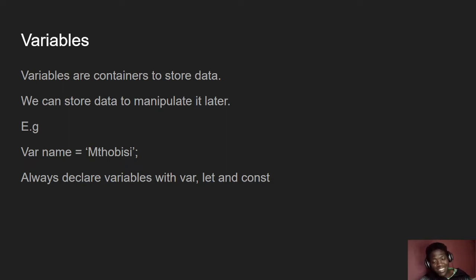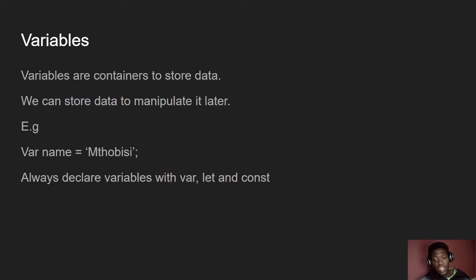That represents a string, so this is what we call a string data type. And then I'm storing that string data type into a variable called name.